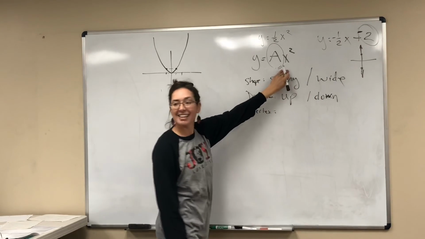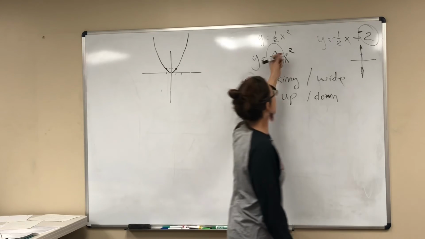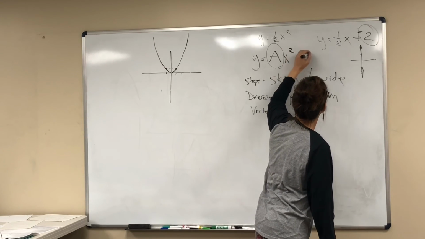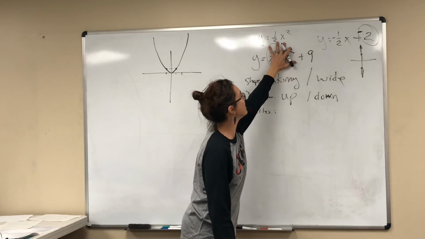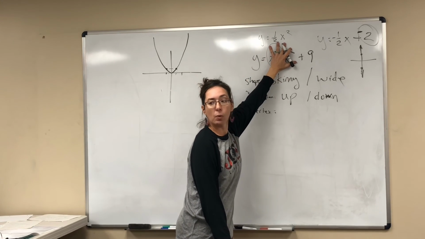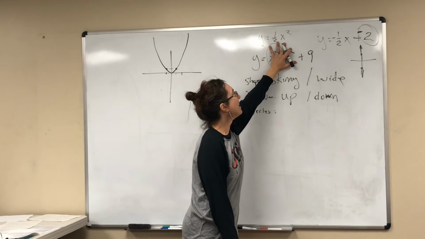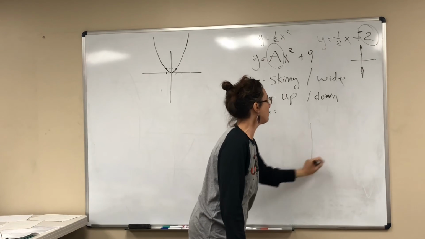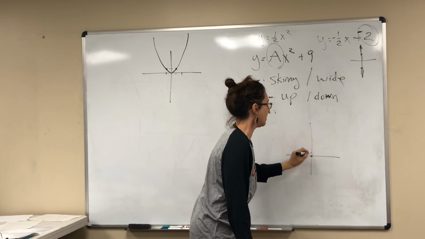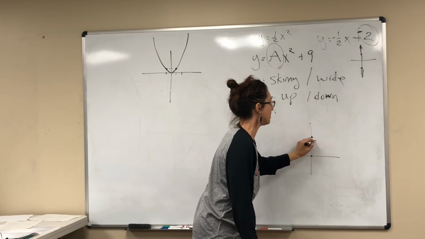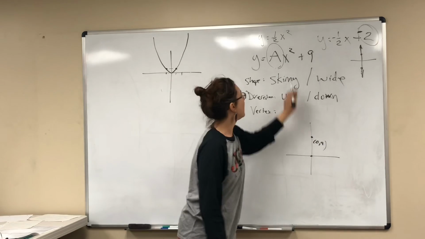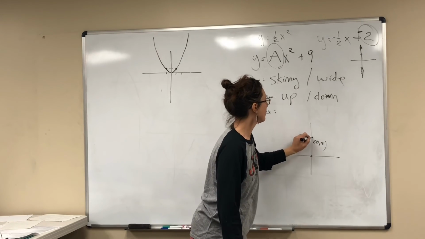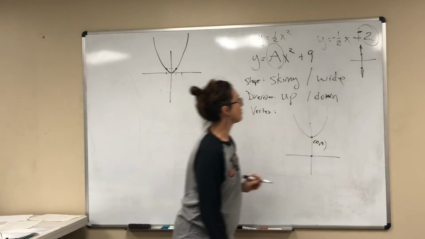It works exactly the same with the quadratic. If I have x squared plus 9, when my x is 0, my y is now 9. So my graph will not start at the origin. It will now start at the point 0, 9. Right? And then I will go whatever direction we have.